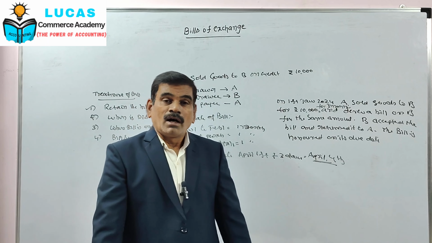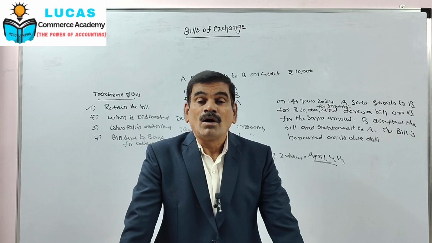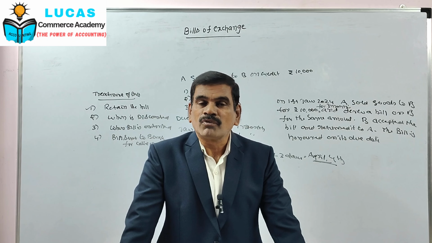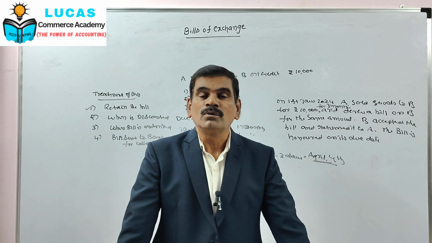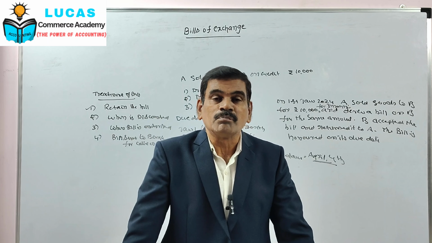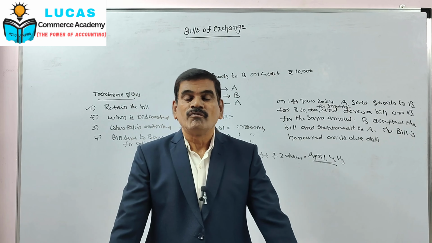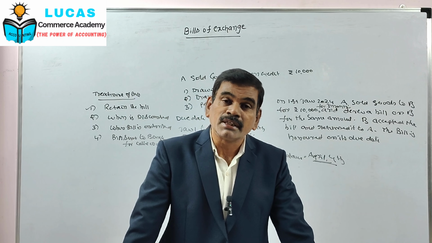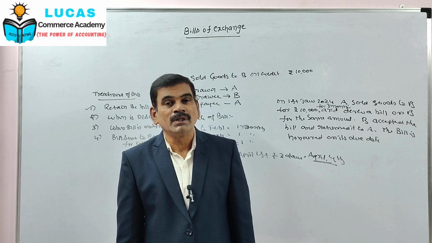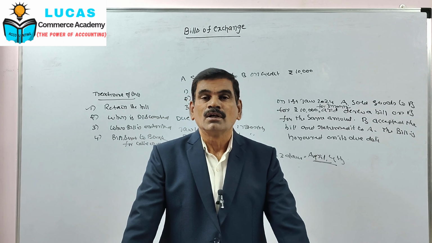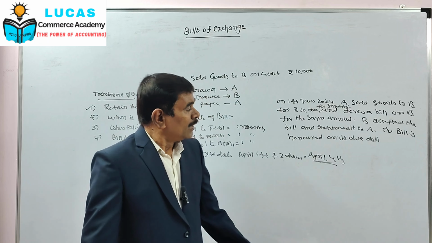Then on the same date, A drew a bill on B. The journal entry for this is bills receivable account debit to drawee account, that means B's account, when bills receivable is received from drawee.